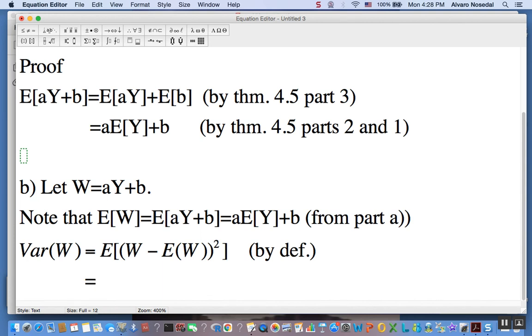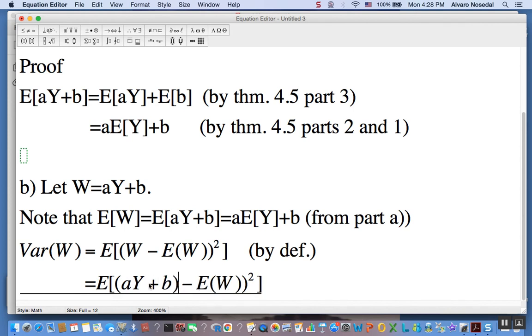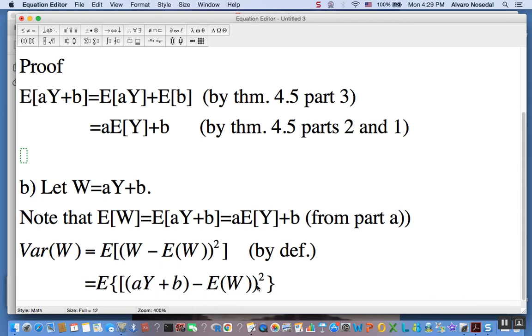Now let me plug in what we have. W was defined like this, a times Y plus b. I'm going to need curly brackets here, because I'm going to need some square brackets here. Now let me rewrite the expected value.